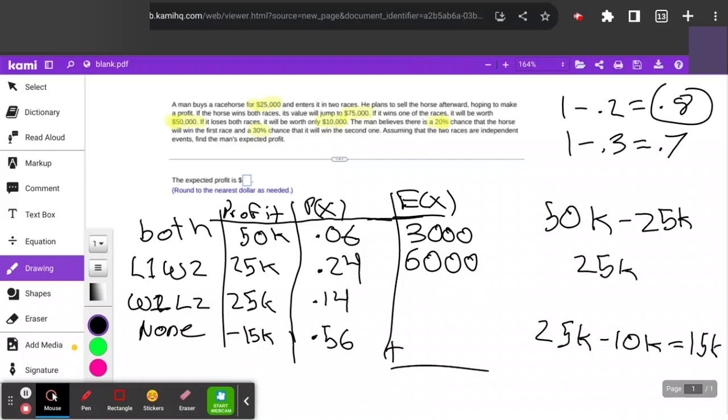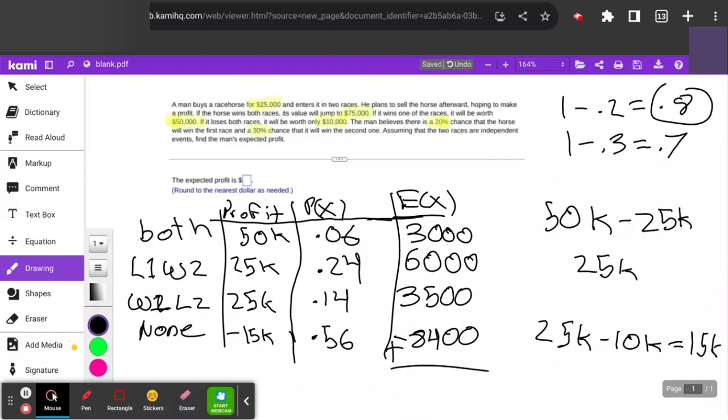Then 25,000 times 0.14, which is 3,500. Then negative 15,000 times 0.56, which is a loss of 8,400.